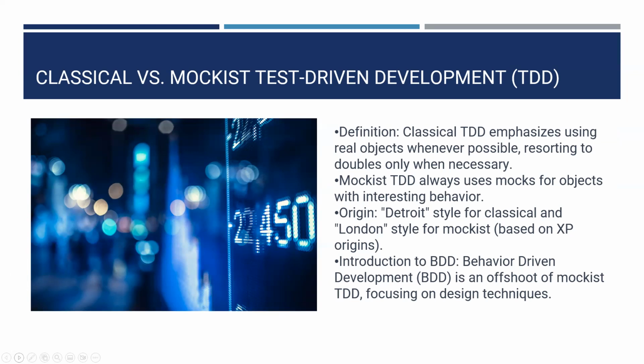While classical TDD emphasizes using real objects whenever possible, resorting to doubles only when necessary, in contrast, mockist TDD always uses mocks for objects with interesting behavior. I will provide some insight into the origins of these approaches, known as Detroit style and London style for mockist, based on their XP origins.